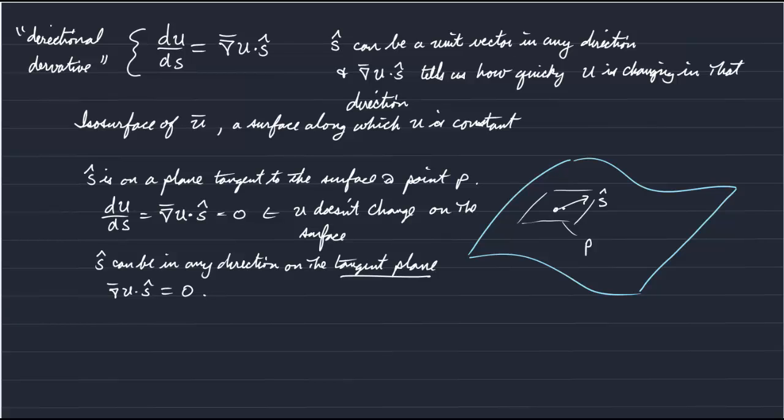So what does that tell you? Remember, we're taking a vector quantity, grad u, dotting it with another unit vector. So the fact that the dot product equals 0 means that the gradient of u is perpendicular to that tangent plane.